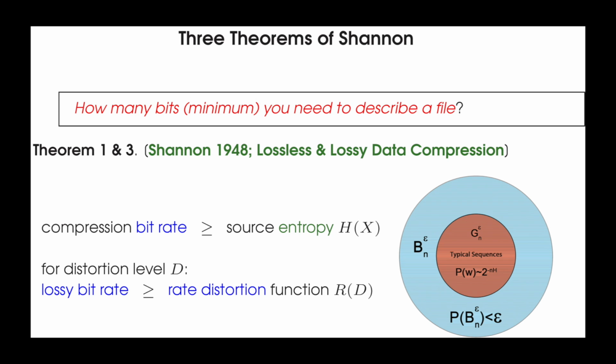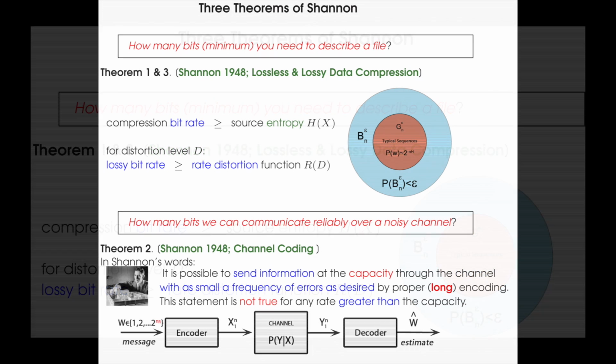And here is how Shannon answered it. He said, I need no more than the entropy of the source. You will see this figure in a second when I explain how he proved it, basically by flipping a coin. So this is the first result. If you do not need to recover exactly the signal, then there is something else called rate distortion, but I'm not going to go into it.